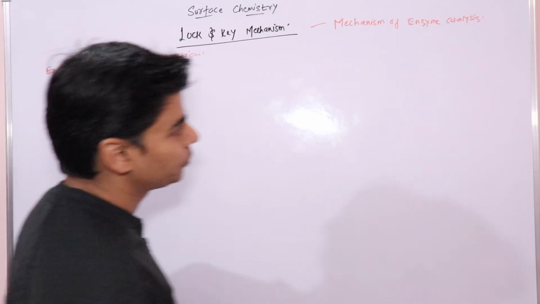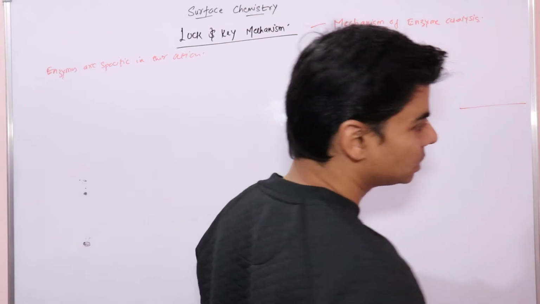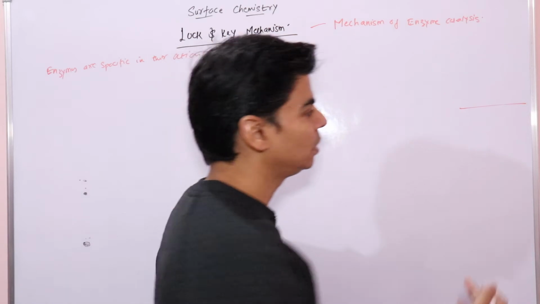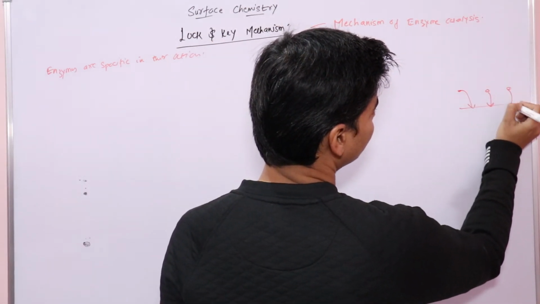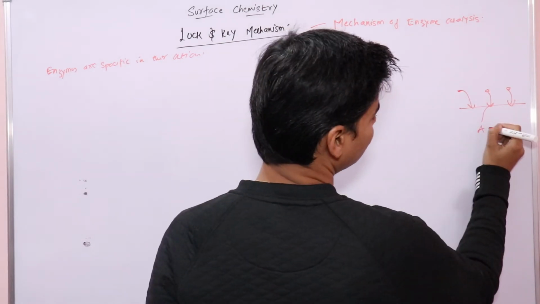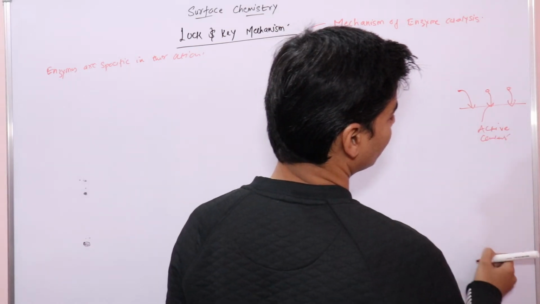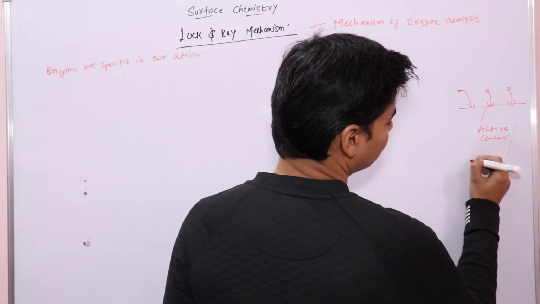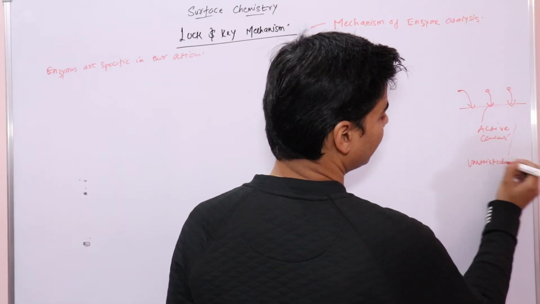We know that normal catalysts increase the rate of reaction by adsorbing molecules onto their surface. On the surface of a normal catalyst we have something known as active centers, which are nothing but unsatisfied or free valencies.